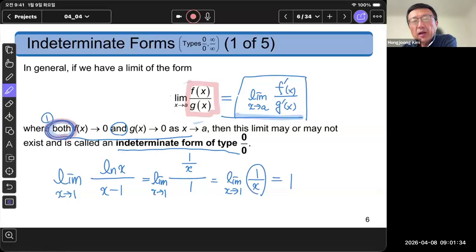As x approaches a certain number a, if both numerator and denominator go to zero, then the limit of f of x over g of x will be computed from the limit of f prime over g prime.